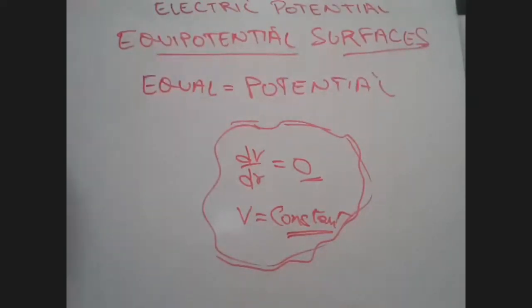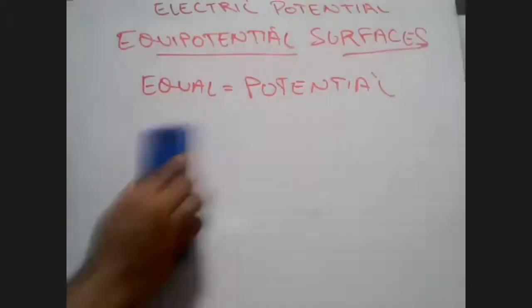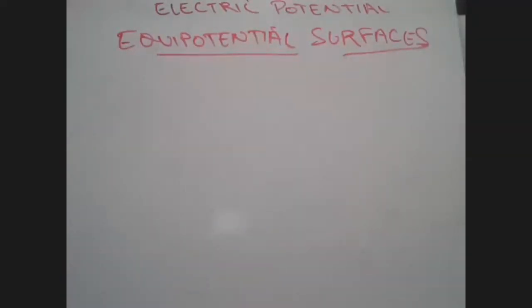Now, if I take a point charge, what will be the equipotential surface for a point charge? Before that, this point charge is going to radiate some electric field lines out of it.